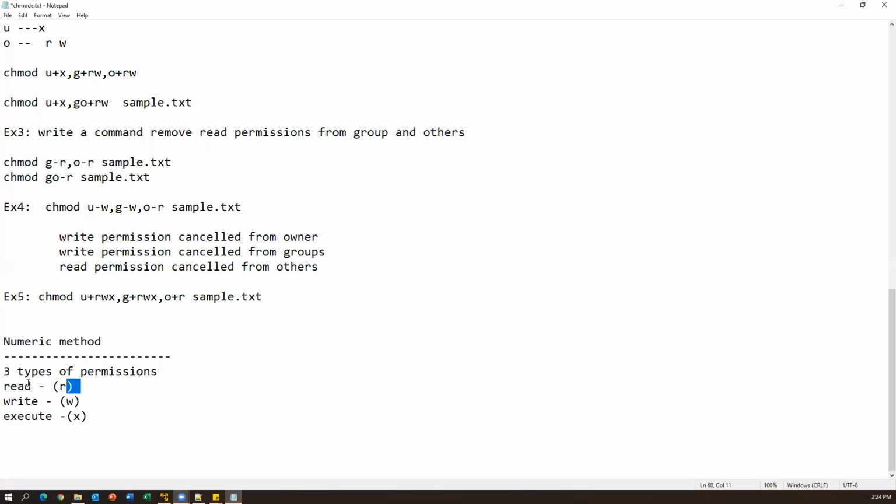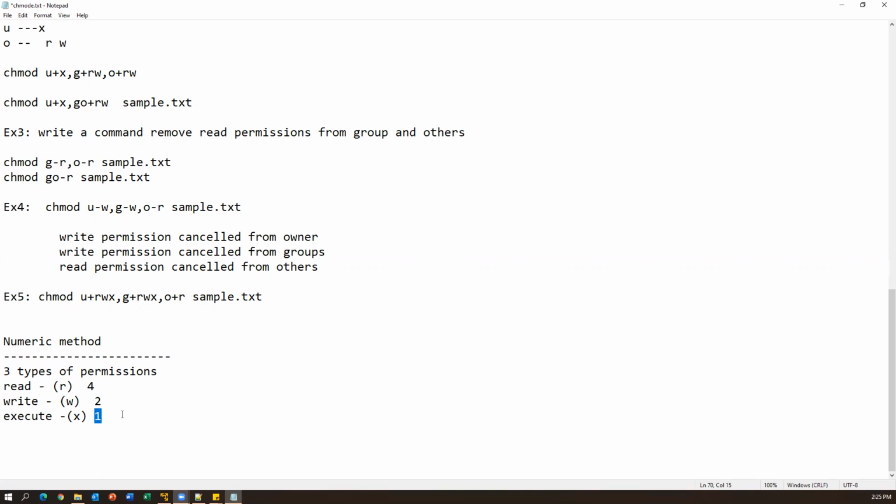So read is represented with R, and this also has a code. Let's say 4 is the code for read permission, 2 is the code for write permission, and 1 is the code for execute permission. By using these numbers, we can give permissions to the file.